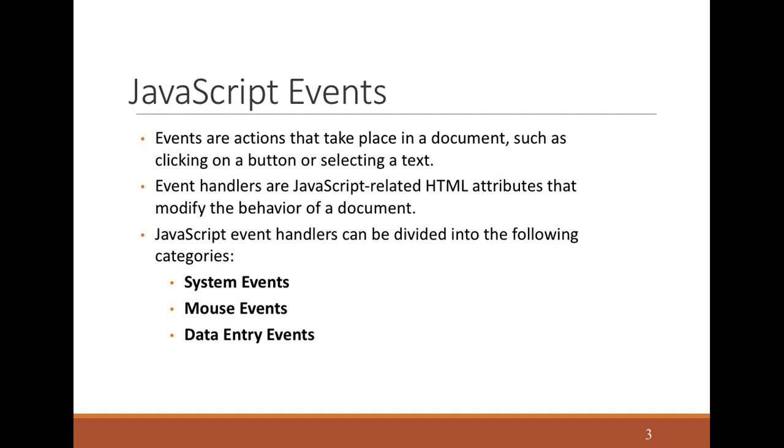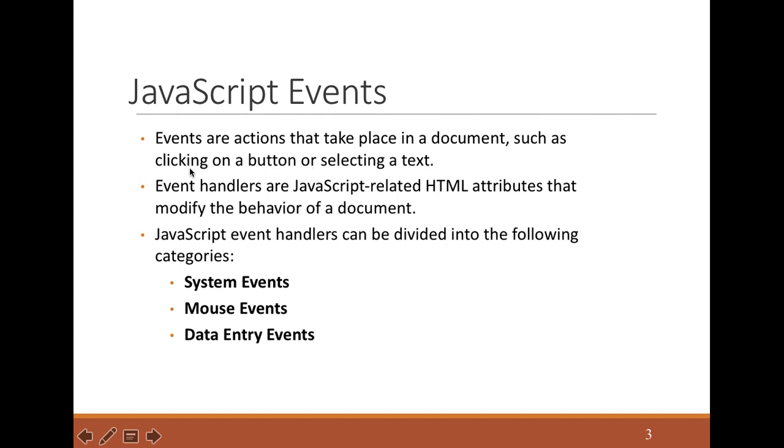If you look into the lecture notes, events are actions that take place in a document, such as clicking a button or selecting a text. So an event from the JavaScript perspective is about triggering. Here we might say clicking on a button or selecting text.